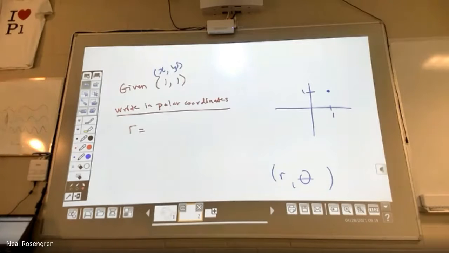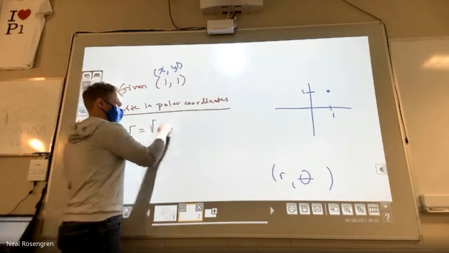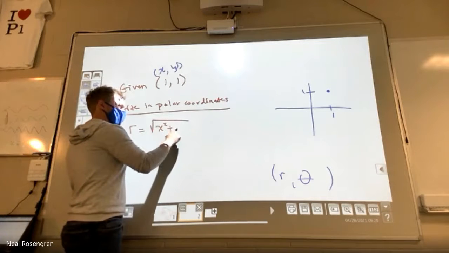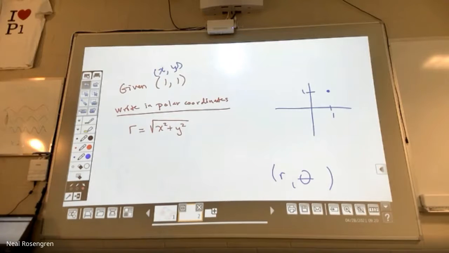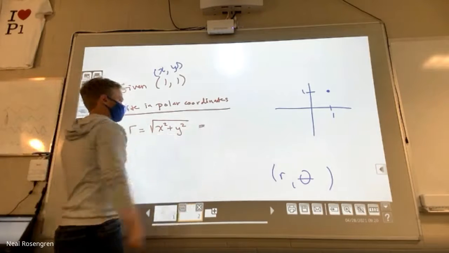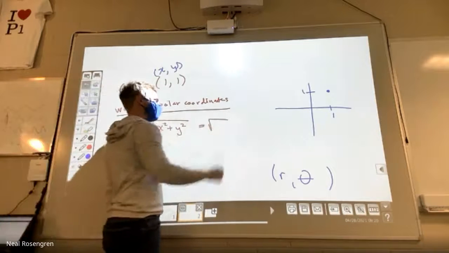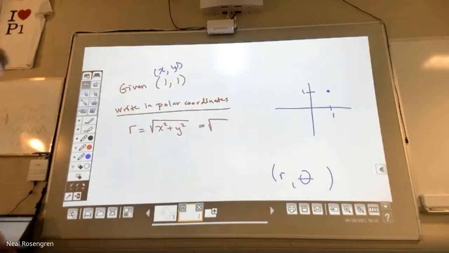Let's start with r. What is the formula to find r? What did we just figure out? Came from the Pythagorean theorem, right? This one. The square root of x squared plus y squared. Every time. If you give me x, y, I just have to do that. Okay, so the square root of, and we'll write it out first time, learn this.